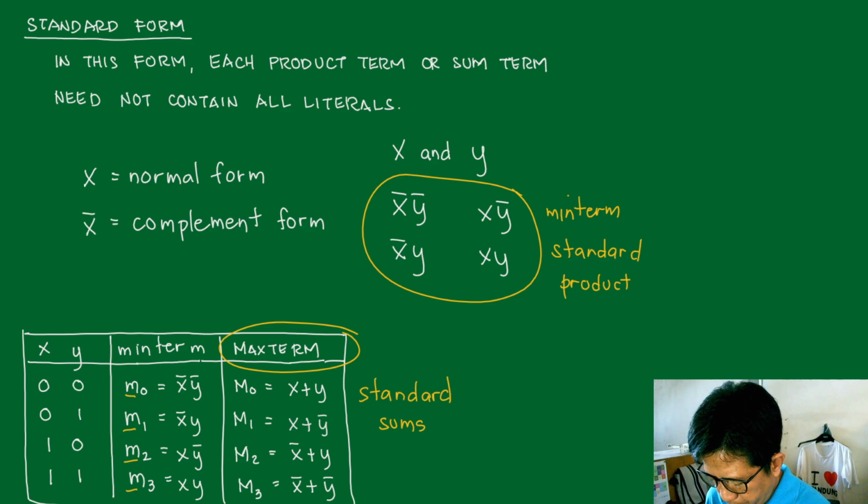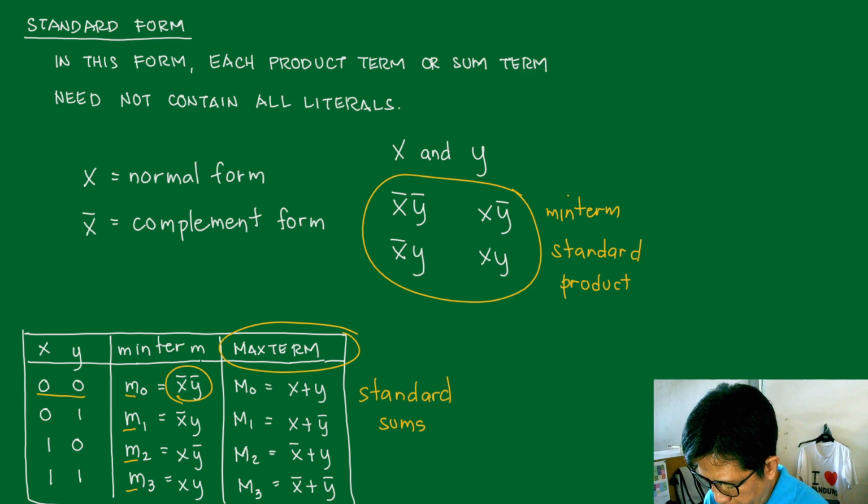In min term, the AND term is presented in its complement form if the inputs are set to 0, like in this example at the first row, both x and y are 0.